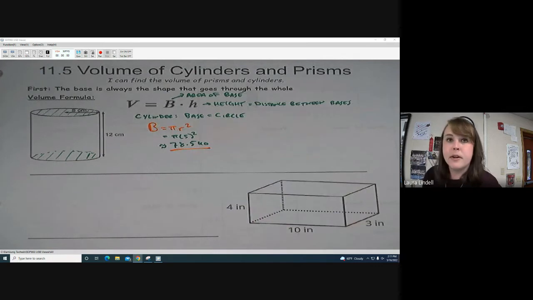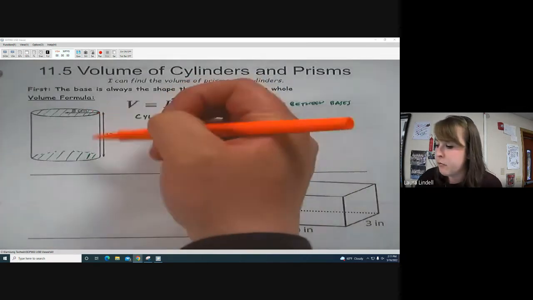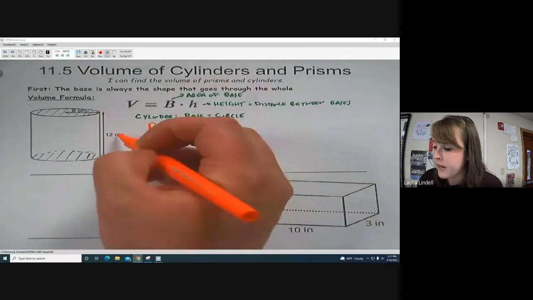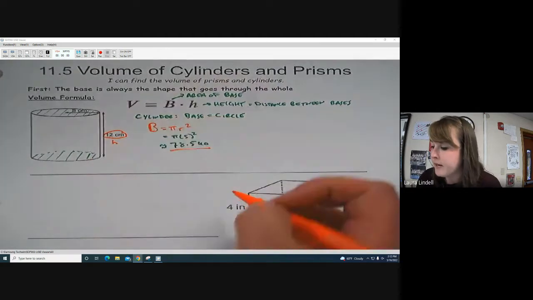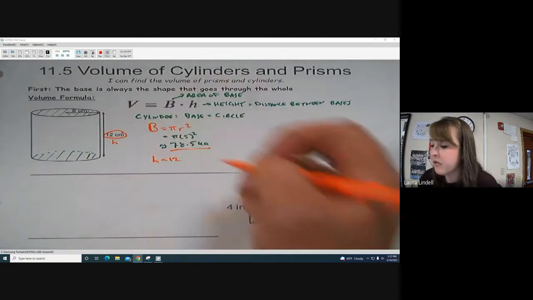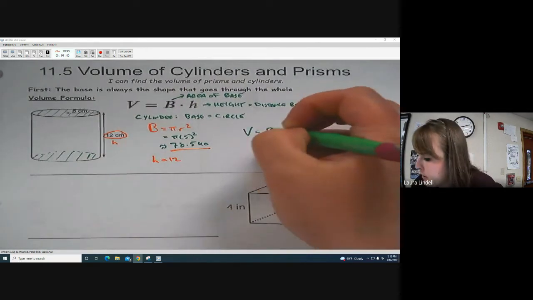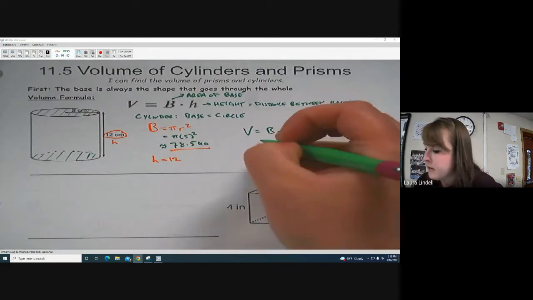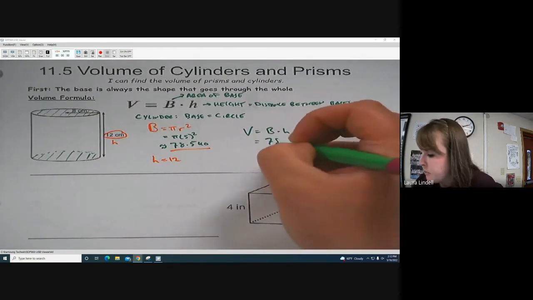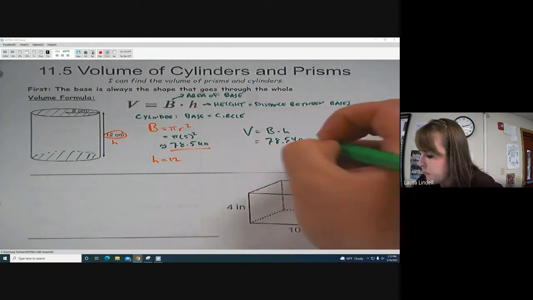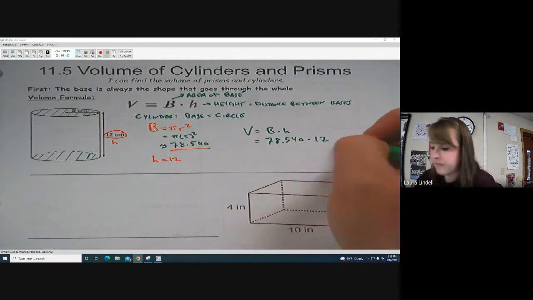The other thing we're looking for is the height, the distance between the two bases, the top and the bottom here in this case. H is 12. So now, finding our volume, we know volume is the area of the base times the height. So 78.540 times 12.